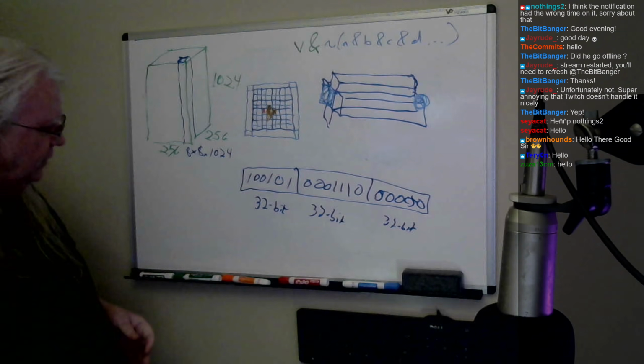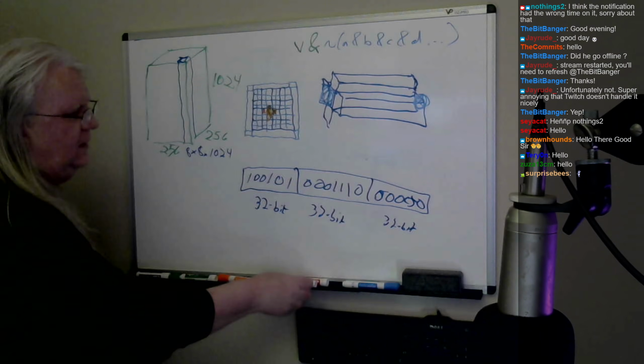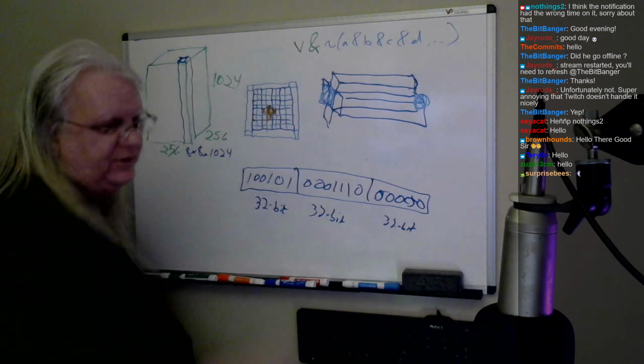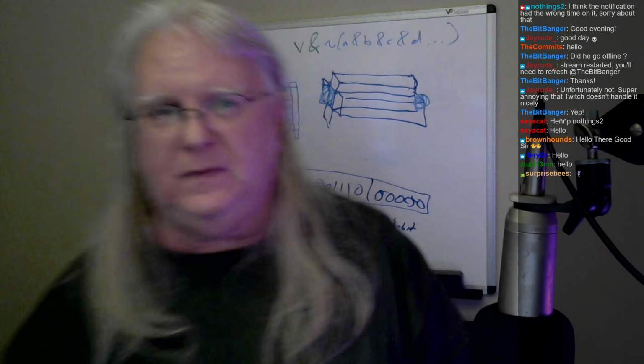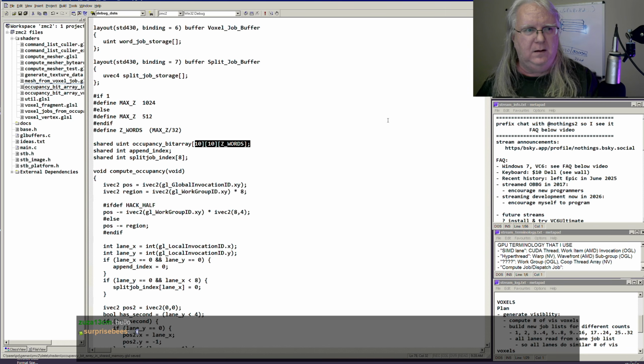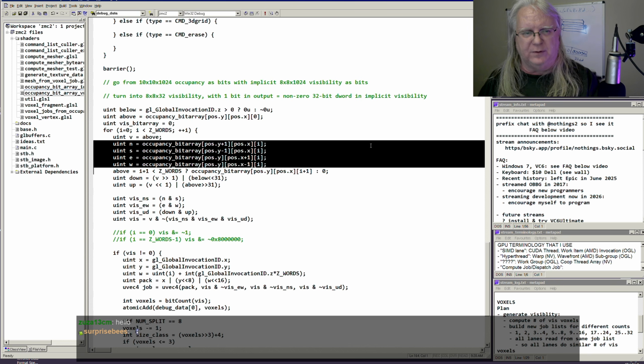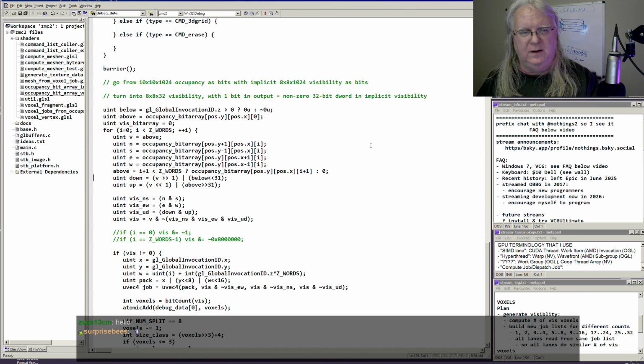And I'm going to erase all this now. But if we take that formulation, let's look at the code. So here we grab the 4 neighbors, north, south, east, and west.